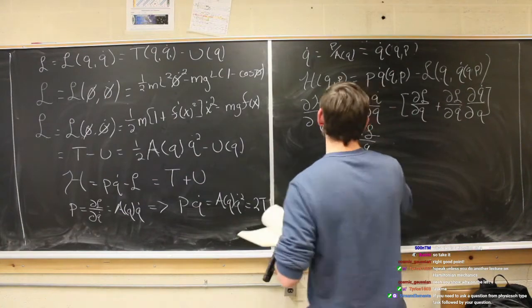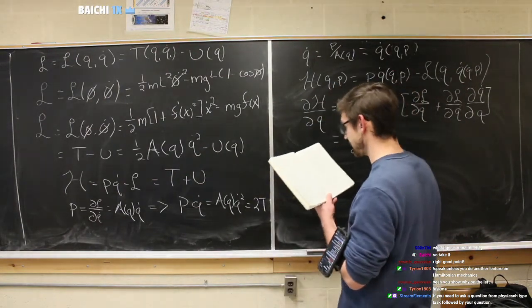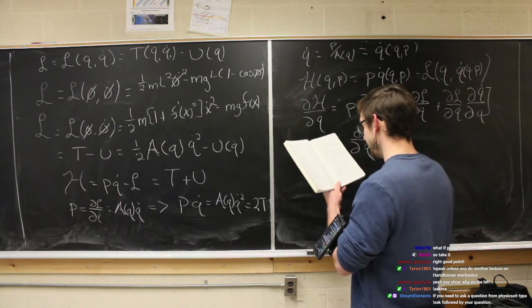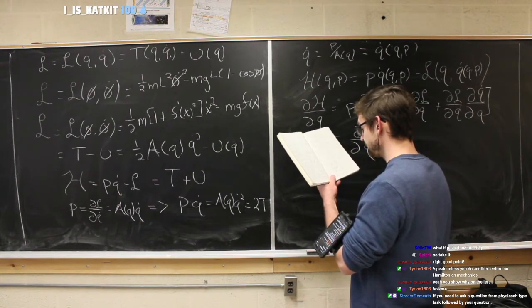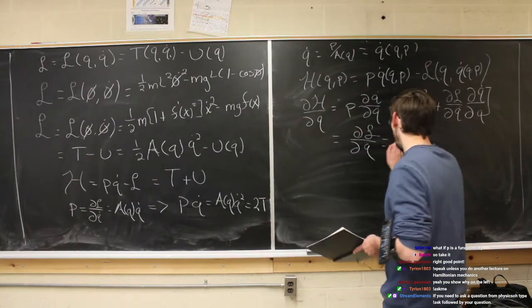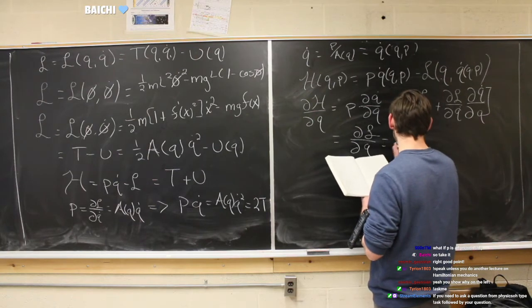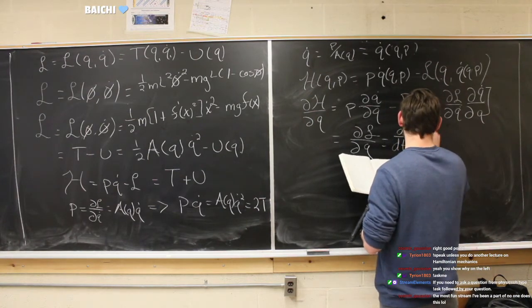Now, what turns out is that the derivative of the Hamiltonian with respect to q is just the derivative of the Lagrangian with respect to q. So that's awful nice. So what is the derivative of the Lagrangian with respect to q? Well, our Euler-Lagrange equations just say that this is the derivative with respect to time of the derivative of the Lagrangian.